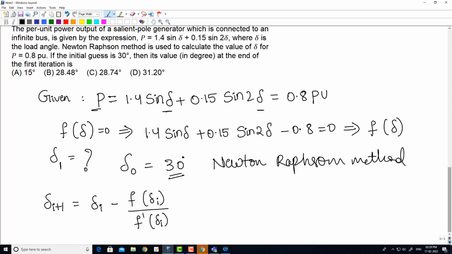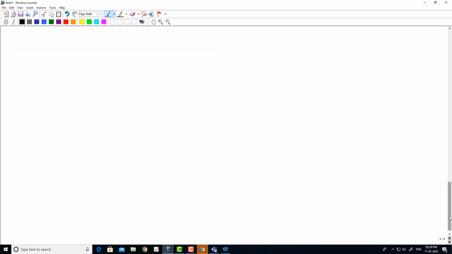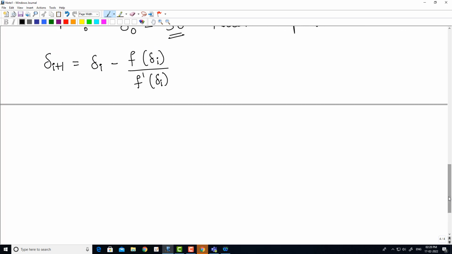So f dash of delta i. We know that f of delta is equal to 1.4 sin delta plus 0.15 sin 2 delta minus 0.8.